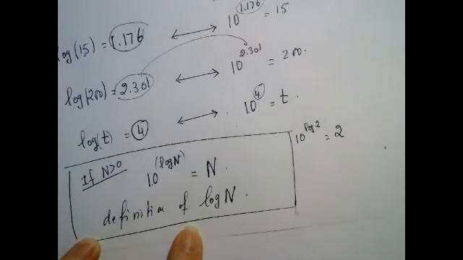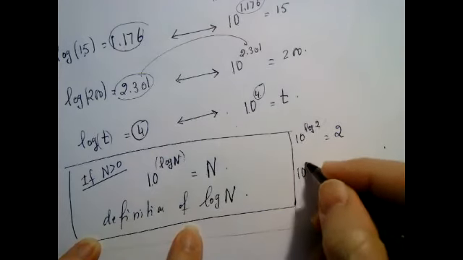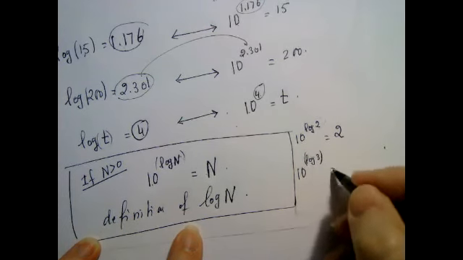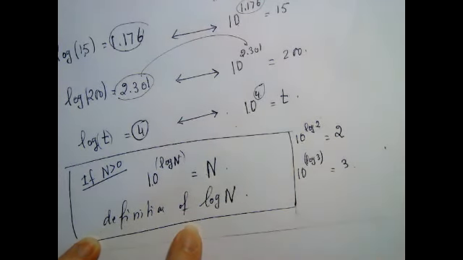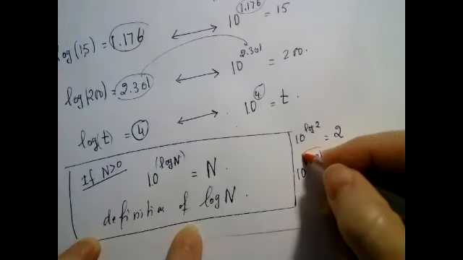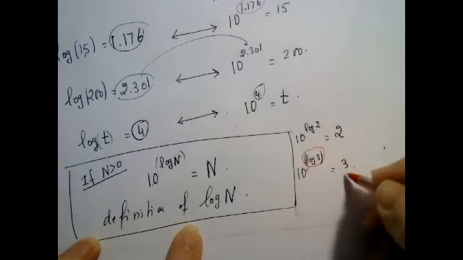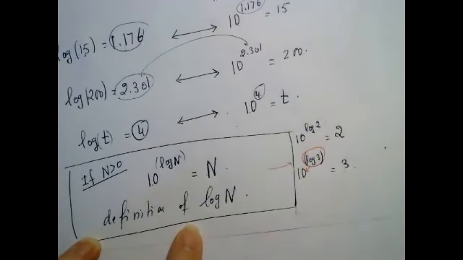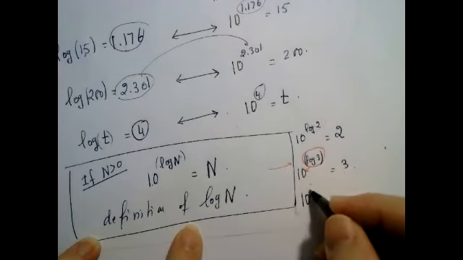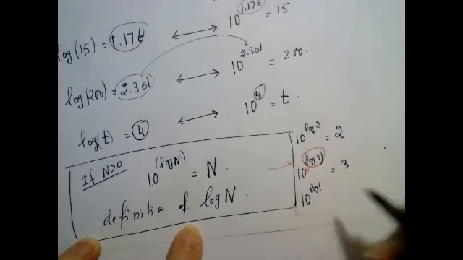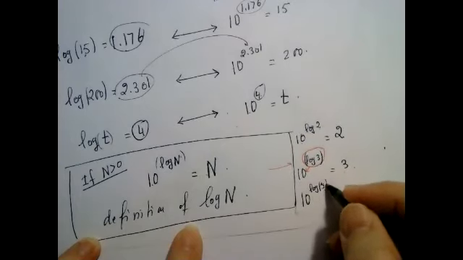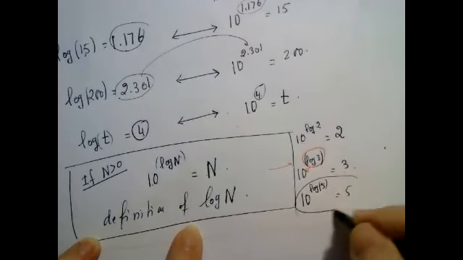If I take 10 to the power log 3, I get 3 back. That's exactly the definition: log 3 is the power of 10 that gives me 3 back. I can keep going on forever. 10 to the power log of anything, that's what it is. I try 5, you get 5 back.